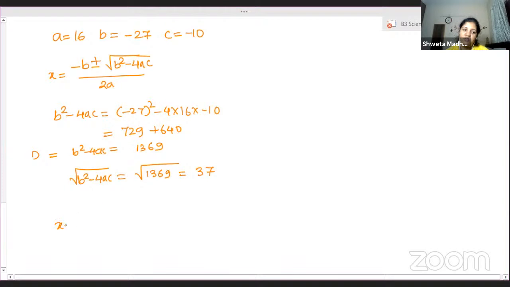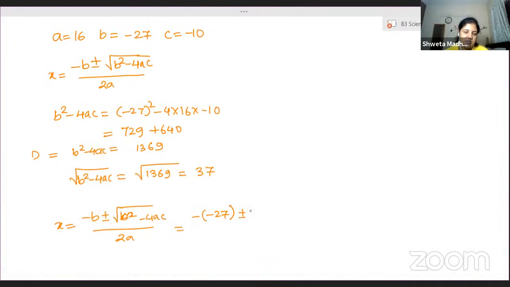So we have to use now the formula x is equal to minus b plus minus square root of b square minus 4ac by 2a. Minus b value is minus 27, so minus of minus 27 plus minus square root we already calculated, that is 37, divided by 2 into 16.